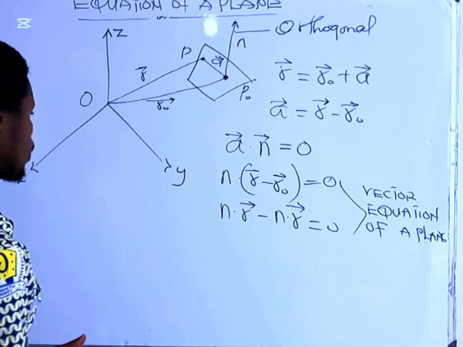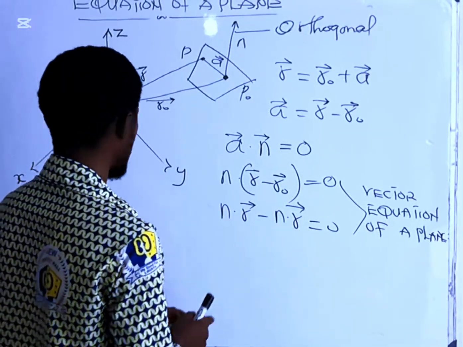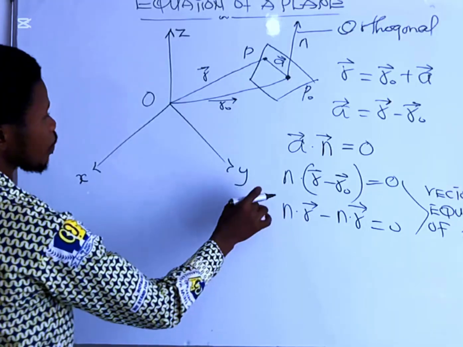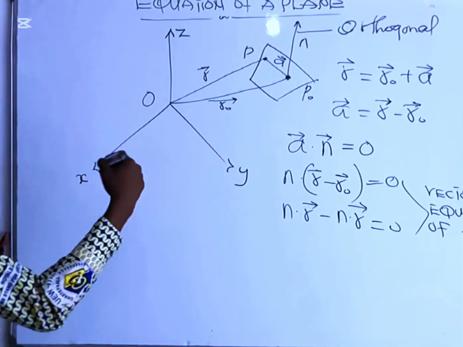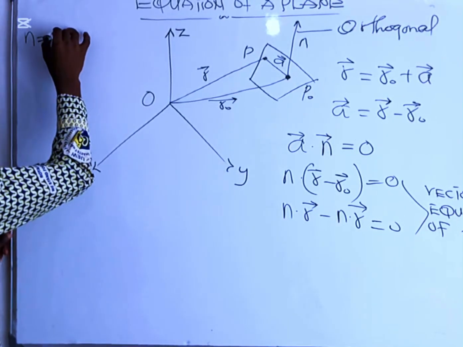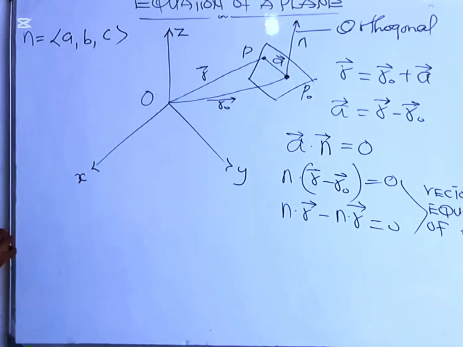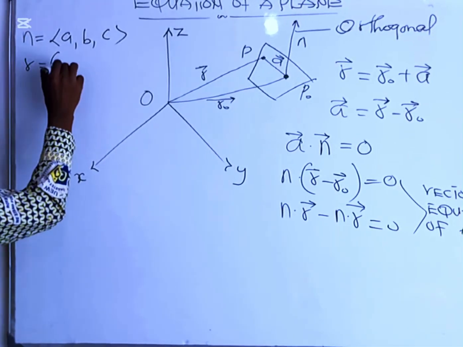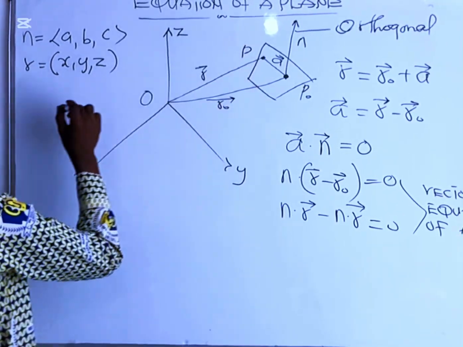So in this case, I'm going to dot this. If I'm to dot this, what happens here is that if I let my n, the normal vector, is just numbers, okay? So I can represent that one by A, B, C. Is that okay? My r, that is a point, so I have it to be X, Y, Z. This is the r, the point of it is here.